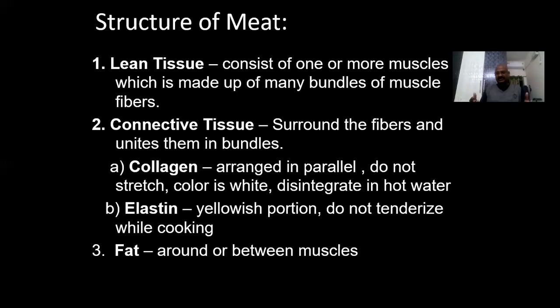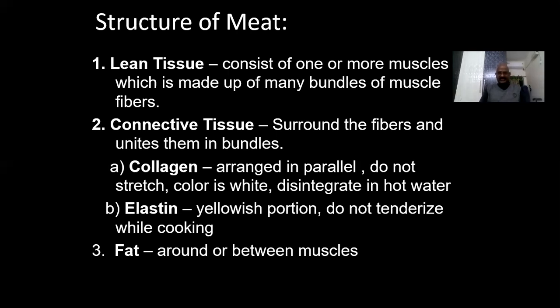So in all human beings or animals, there are bundles of connective tissues, right? The tissues are formed as one bundle that is supplied with blood. So that's why those are called blood cells. Lean tissue also consists of more muscles and is made of many bundles of fibers.